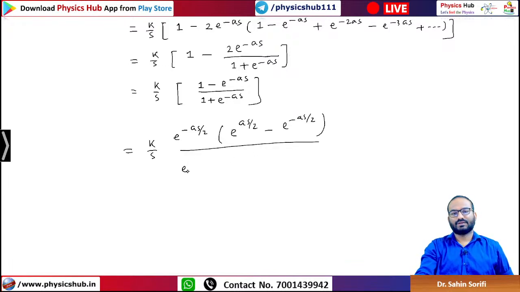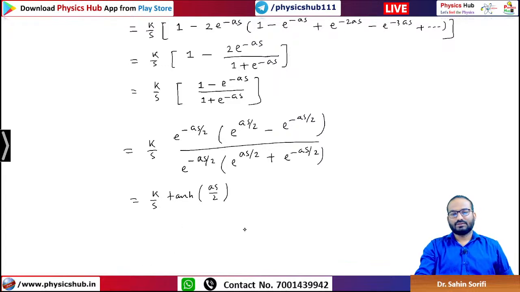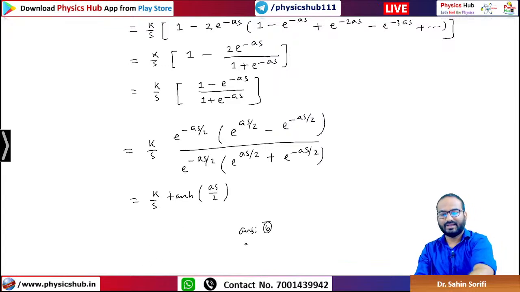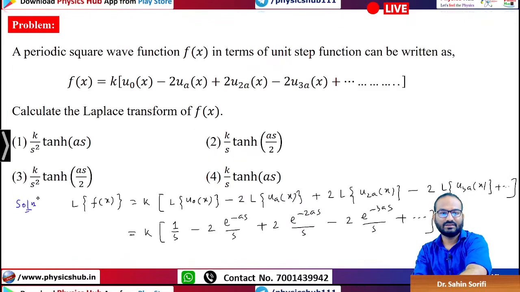Here also if you take e to the power minus s by 2 common, e to the power s by 2 plus e to the power minus s by 2. K by s, this is tan hyperbolic, no? Tan hyperbolic s by 2. So that is matching with option B. K by s tan hyperbolic s by 2.